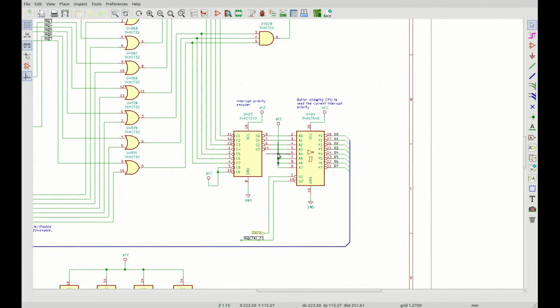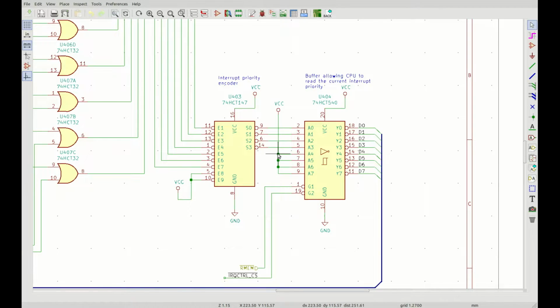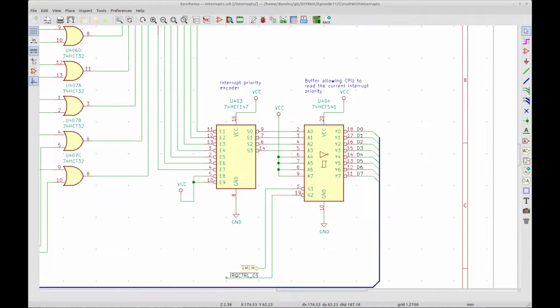Next, let's discuss the priority encoder. Because all 7 hardware interrupt request inputs share the same CPU IRQ input, it will be useful for the interrupt controller to provide a mechanism for the software interrupt handler routine to determine which interrupt request should be serviced next.